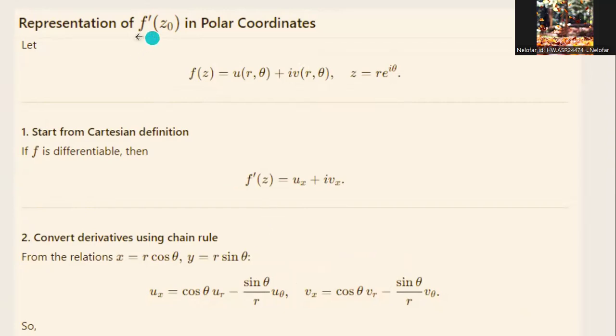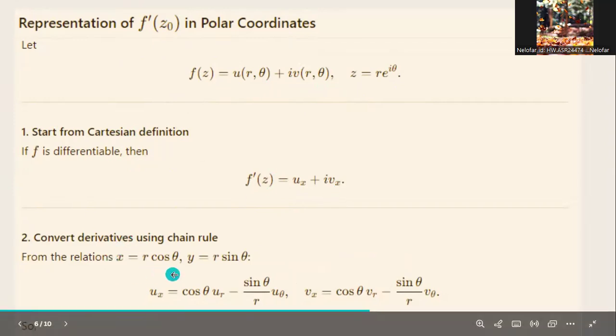Now we are going to prove the main part of the theorem which was remaining, that is, f prime of z naught's representation in polar coordinates. Since f of z was u(r, theta) plus i v(r, theta) and z was r e to the i theta, we start with the Cartesian form of the definition of f prime of z, which is ux plus i vx.